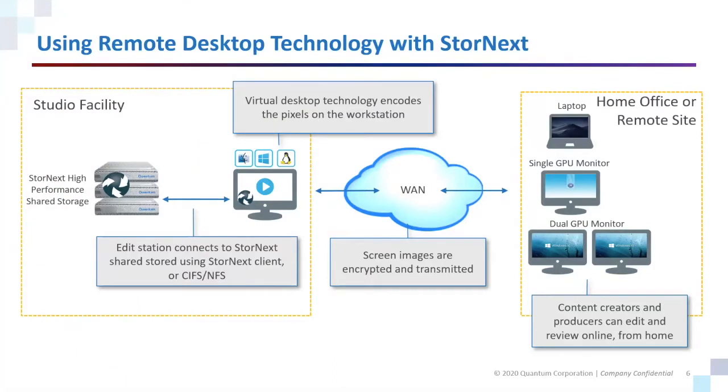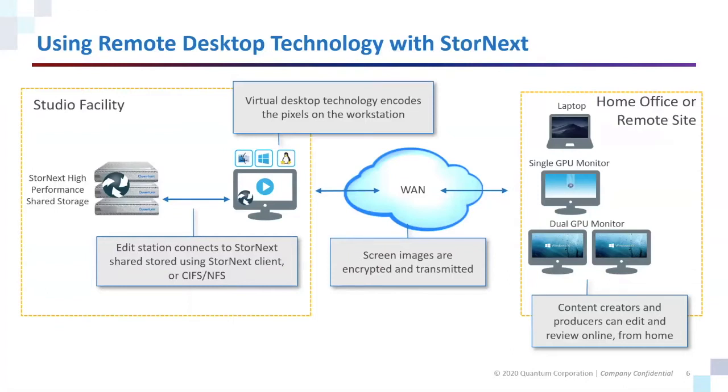So looking at this reference architecture that we have here, it's kind of a generic thing, but it's essentially what you'd see in any of the different types of remote desktop technology that's going to be shared about. You have your studio facility on the left here, with architecture already in place. You can leverage the workstations that are in place today, and the shared storage environment.